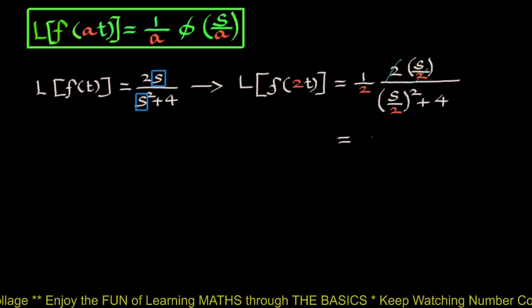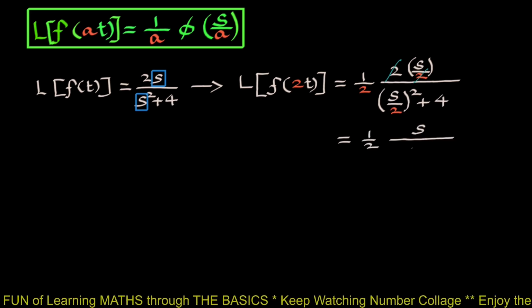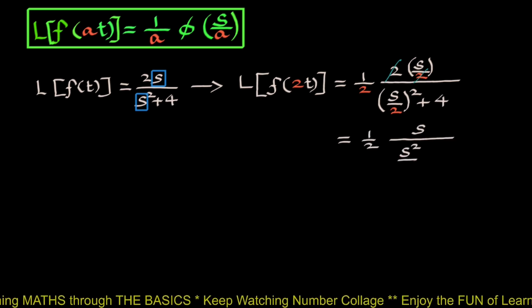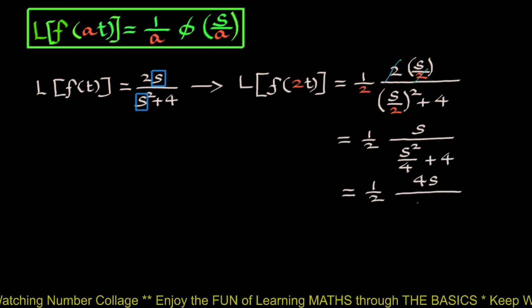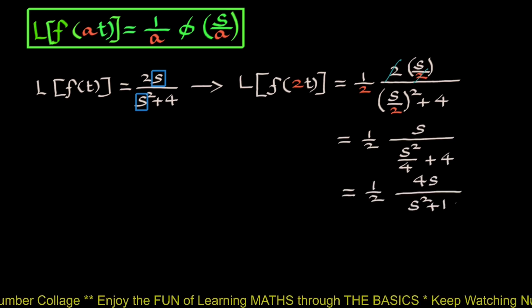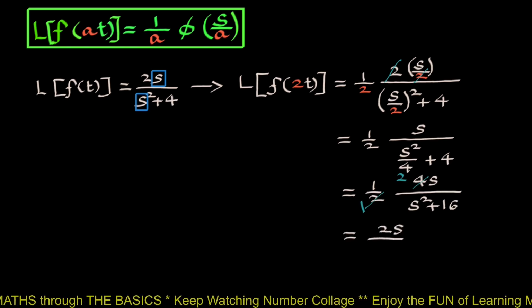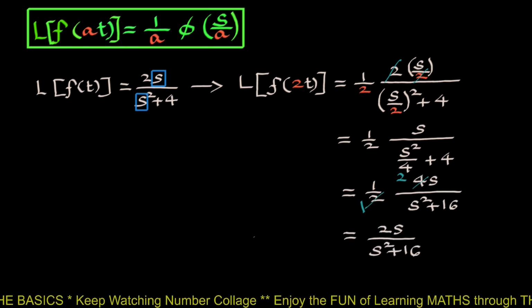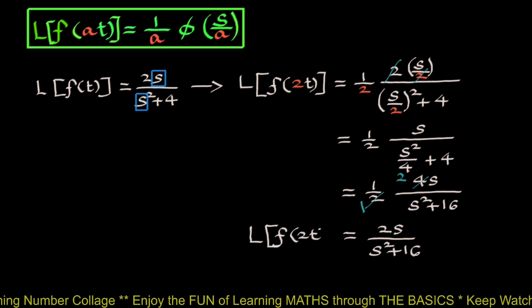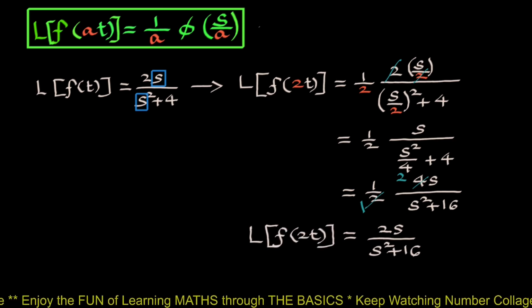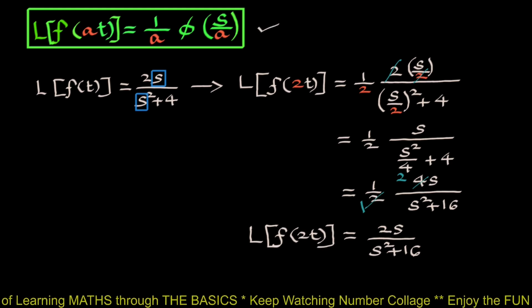Cancelling this 2, it is half s upon s square upon 4 plus 4, that will be half 4s upon s square plus 16, which will be 2s upon s square plus 16. So this is Laplace transform of f(2t) by applying this change of scale property.